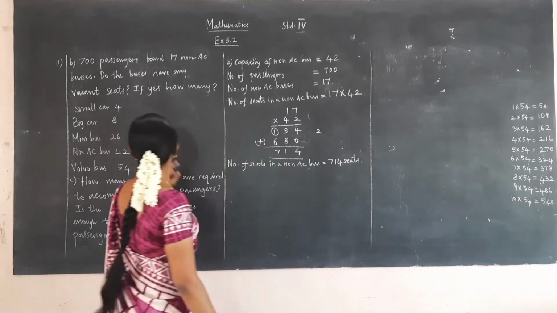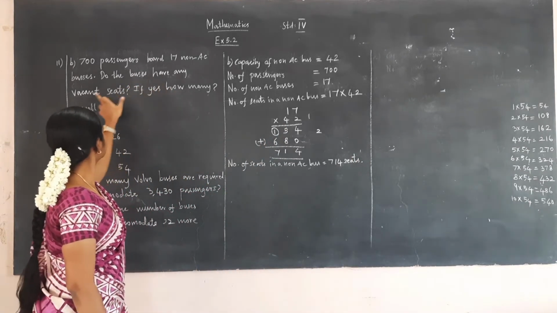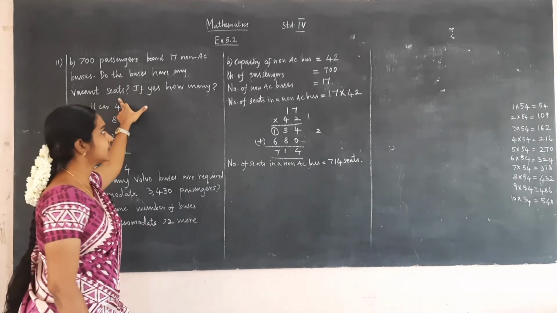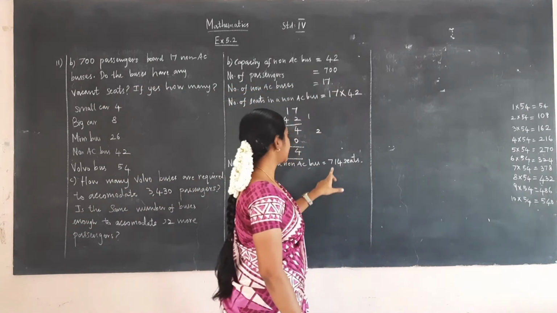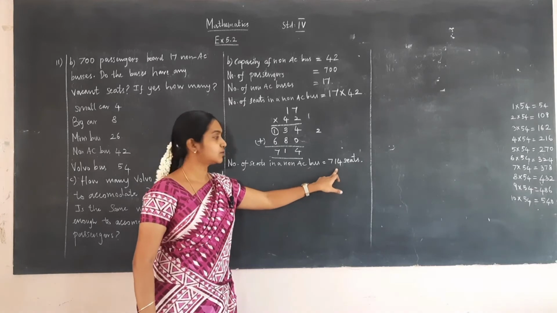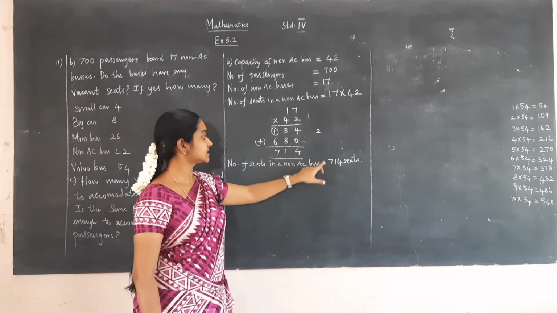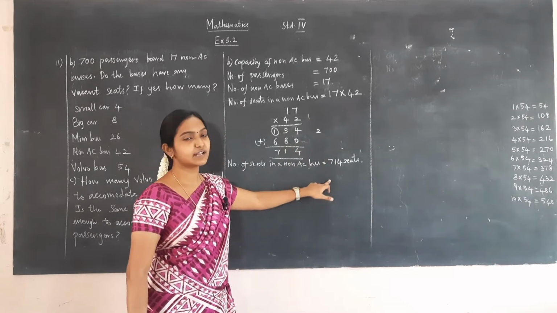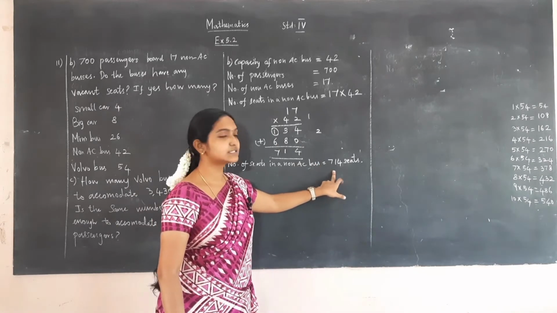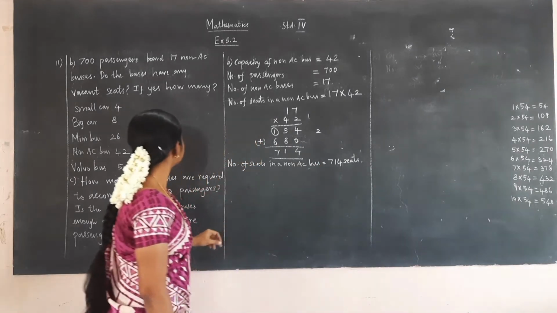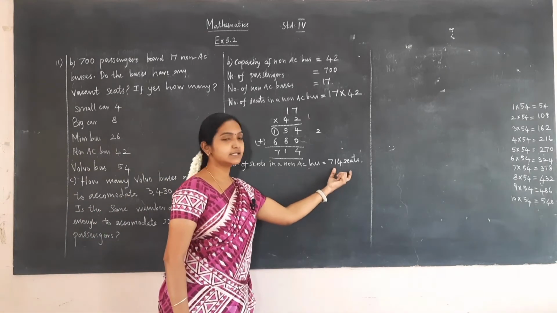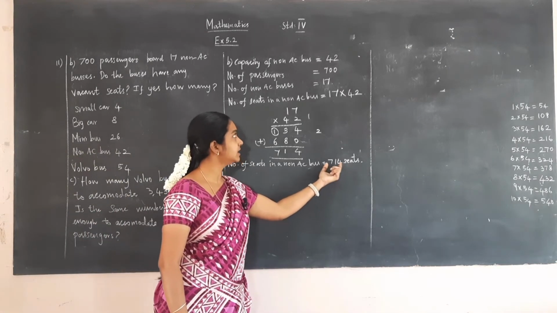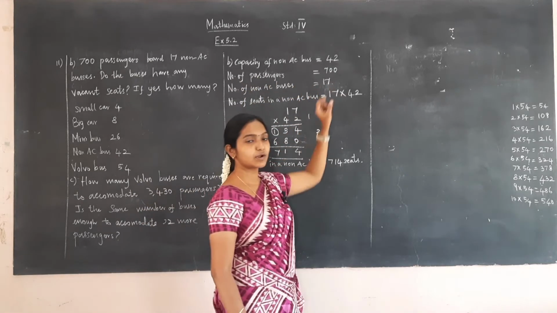We have to find, do the buses have any vacant seats? Number of passengers is given as 700, but we have 714 seats. So we have to subtract 700 from 714. Then we will get the answer as 14. 14 seats will be vacant. Seats available is 714, but the number of passengers is only 700.